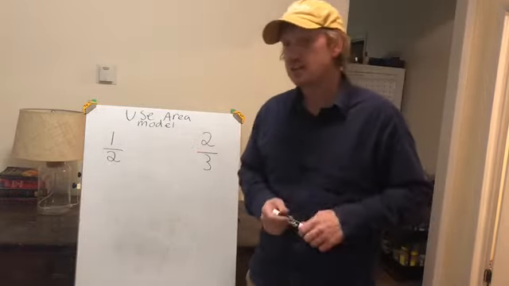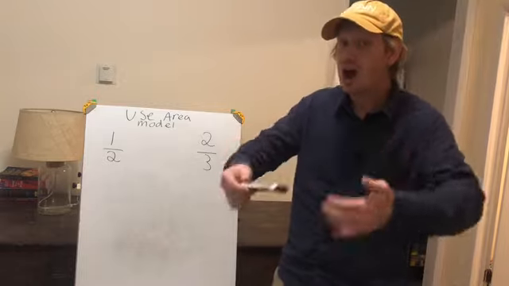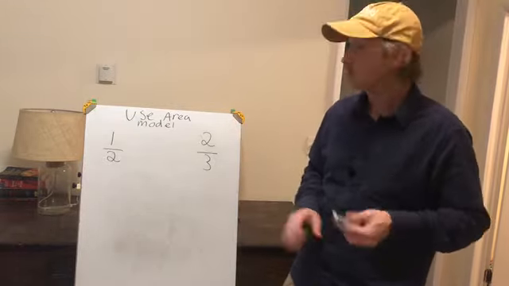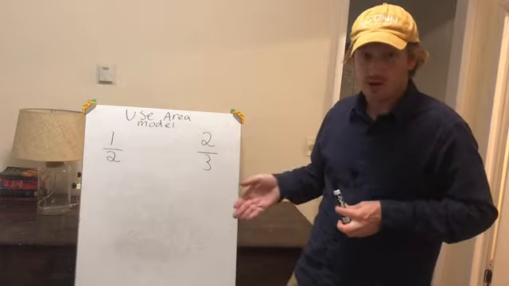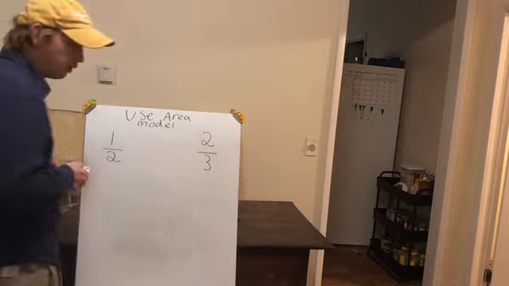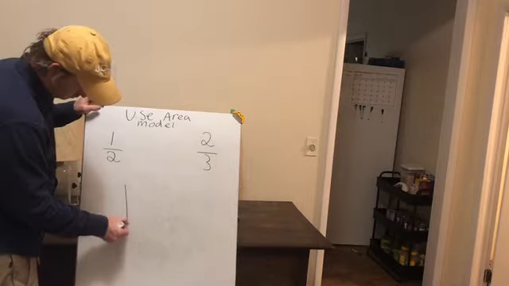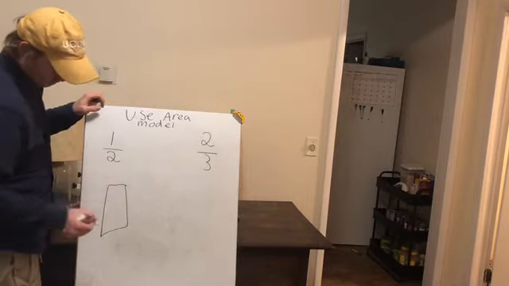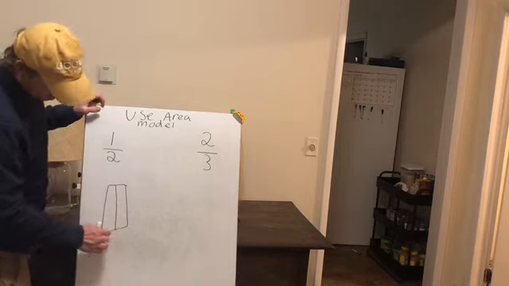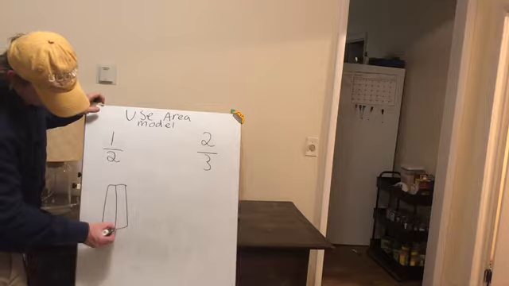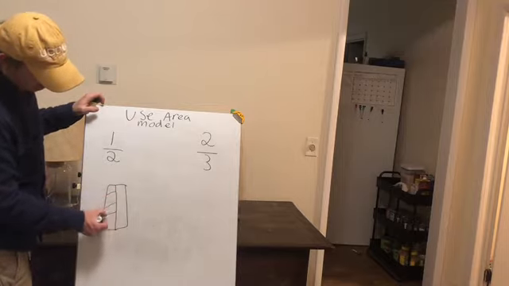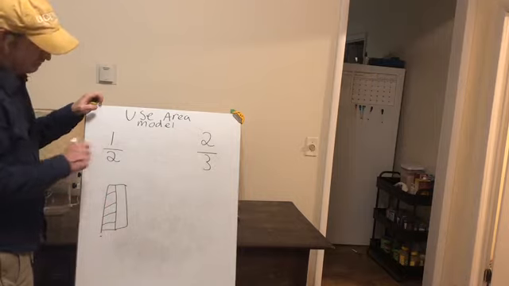Now it's a Google document, so you might not be able to draw on the actual web page, but you can still use a piece of paper to do the problem the correct way. And this is what you do. First thing we'll do is draw 1/2. So I'm going to cut it in half, try and make it a little neater, and shade in one of them, because I'm shading in 1/2.